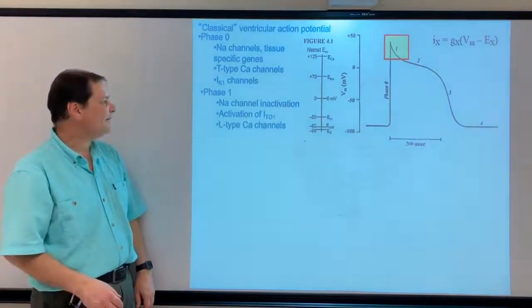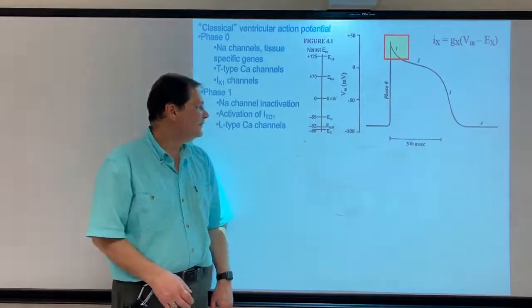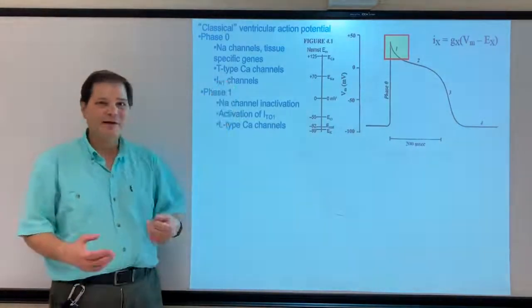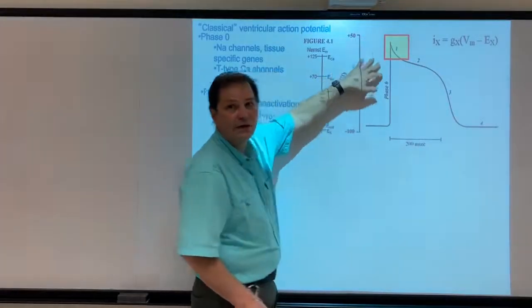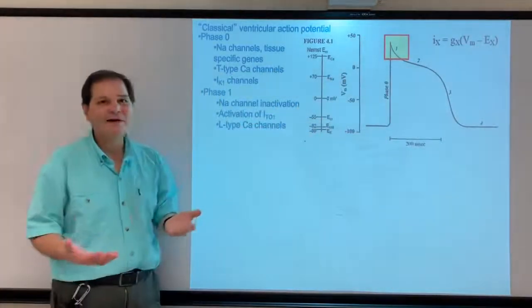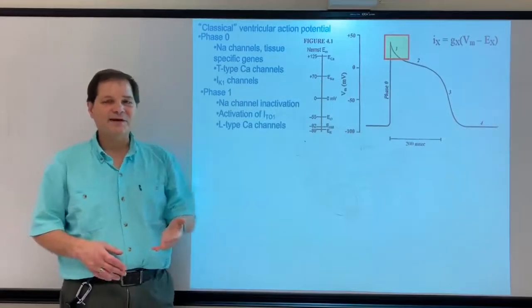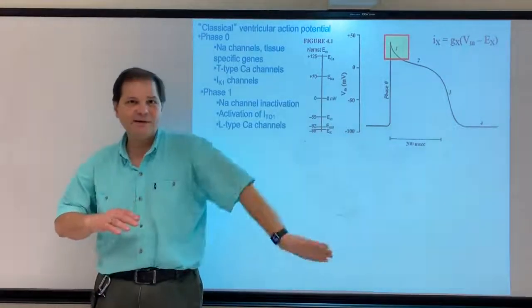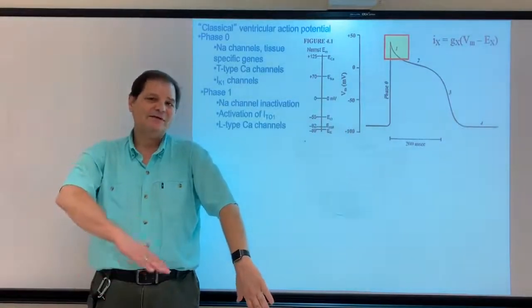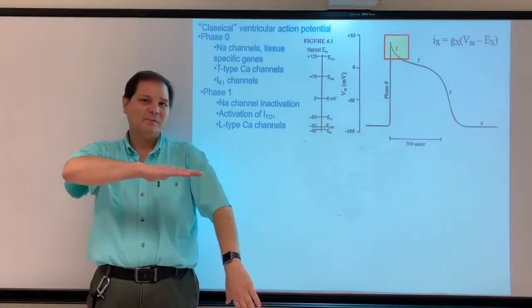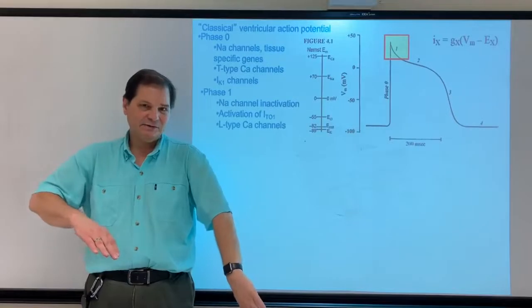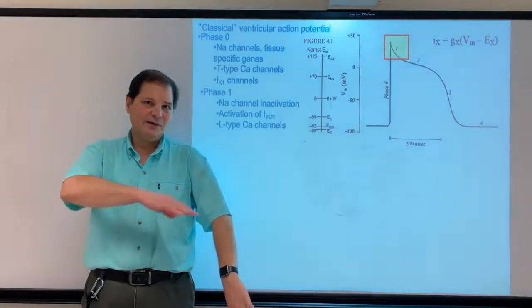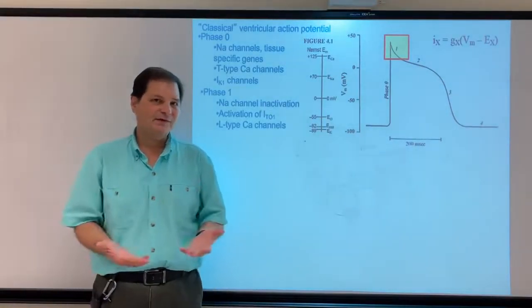And then we have L-type calcium channels. These are different than the T-type. They open at a less negative, more positive voltage, but they also act very similar to sodium channels. They have an activation gate that opens rapidly, and an inactivation gate that closes more slowly. And in the time between the rapid activation and the slow inactivation, you get a calcium current.